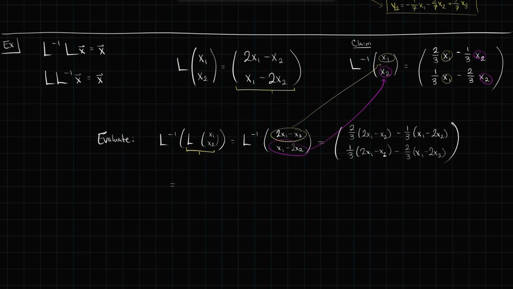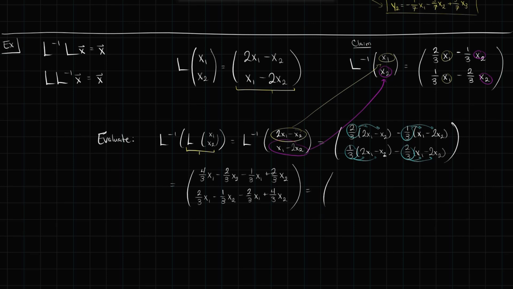At this point, it's to my benefit if I distribute and then later combine all like terms. So when I distribute, I end up with 4/3 x1 minus 2/3 x2 minus 1/3 x1 plus 2/3, because of two negative signs, x2. The second row, I have 2/3 x1 minus 1/3 x2 minus 2/3 x1 plus 4/3 x2.